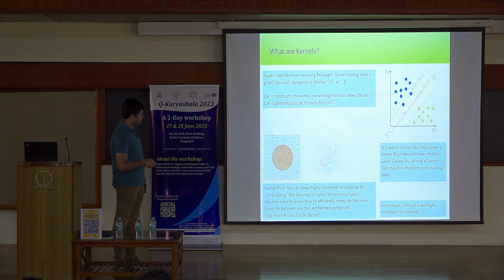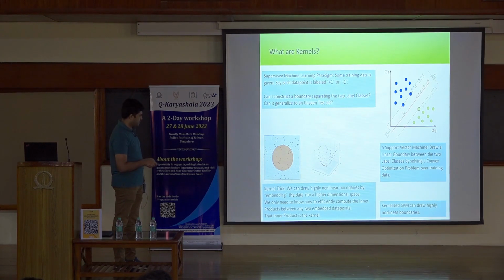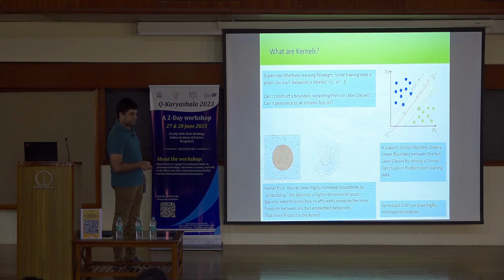Take this example. There is no way that you can draw a line which will separate out the red and blue points, because the boundary is a circle. So what can I do? I can project it onto a parabola in 3 dimensions, and all of these red points are at the bottom of this. Then I can draw a hyperplane which separates that out.